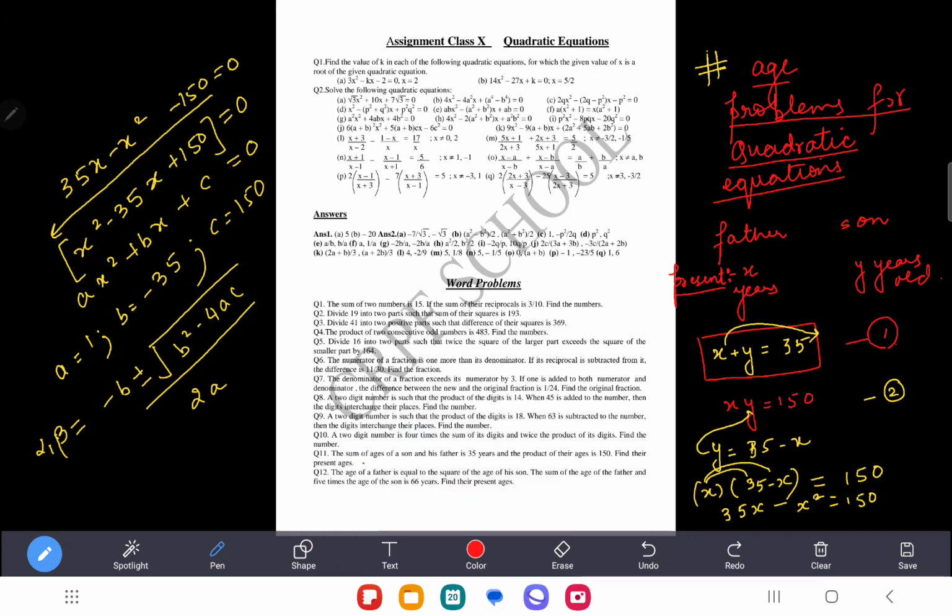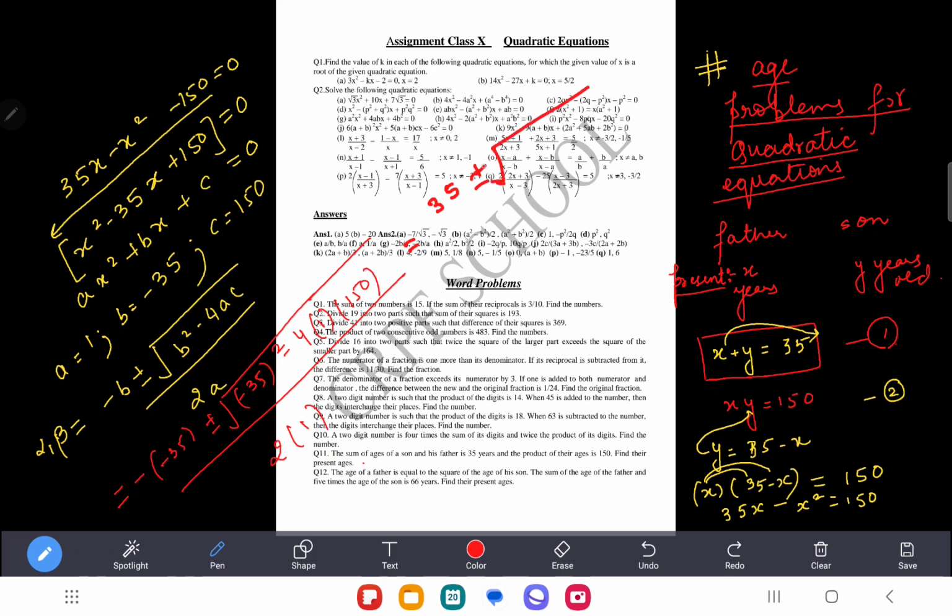Right? So minus of minus 35 plus minus under root of 35 whole square minus 4ac over 2a. So I'm going to get 35 plus minus under root of 1225 minus 600 over 2.